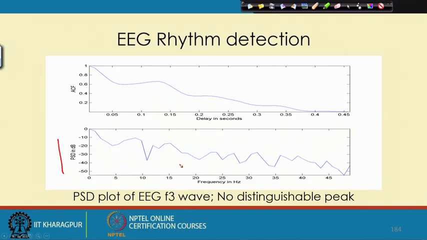There is no prominent peak in the signal, and we have kept the ACF just above it to compare. We come to the same conclusion from the PSD as with the ACF: there is no distinguished peak or repetition of the same kind of rhythm.